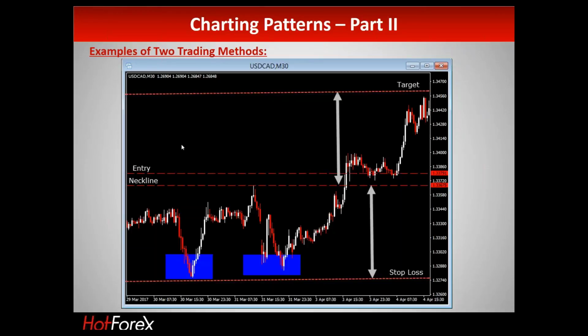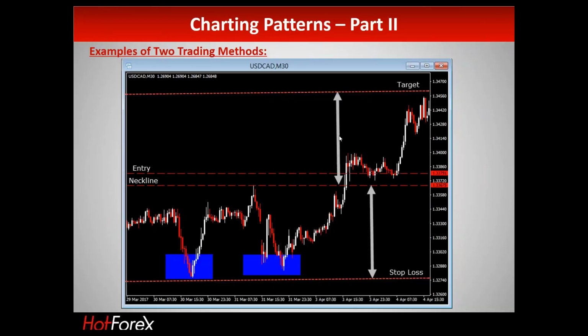So that's again the same thing as double top. In double bottom, the target would be set at the same distance as between the neckline and the lowest bottom. The lowest bottom was over here. So I have measured this distance and I put my target at the same distance from the neckline.